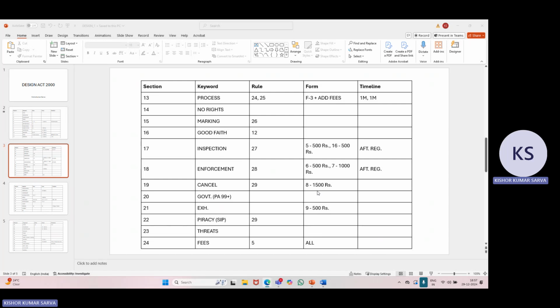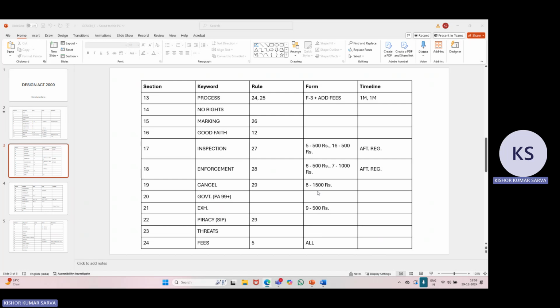Section 21 says that if you publish your design in an exhibition, the applicant should inform the controller, before the exhibition and within 6 months, that he wants to present it there.